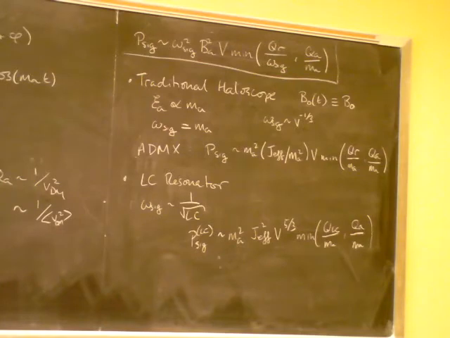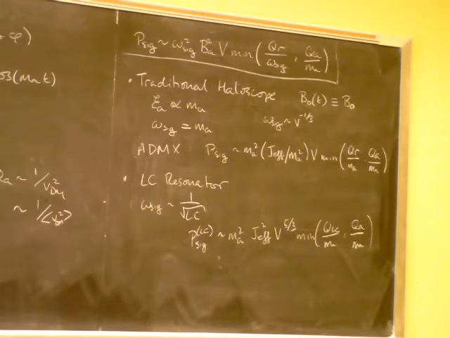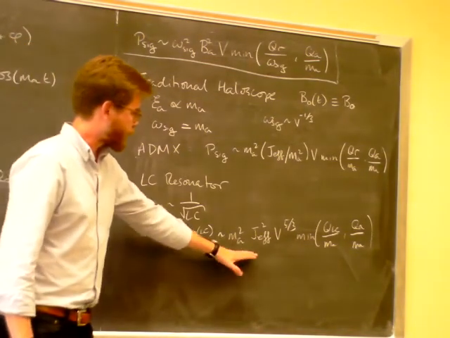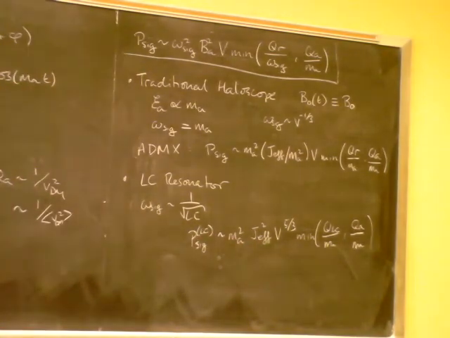So if we were to compare these three different expressions, you will notice something, which is that as you go to smaller and smaller masses, this term doesn't change with respect to ADMX or traditional haloscopes, but this term does. Right? There is a slight difference here. And certainly between this expression for this frequency conversion approach and the LC resonator approach, you see that there's a ratio of the signal frequency omega 1 squared over m_a squared, which is going to appear.